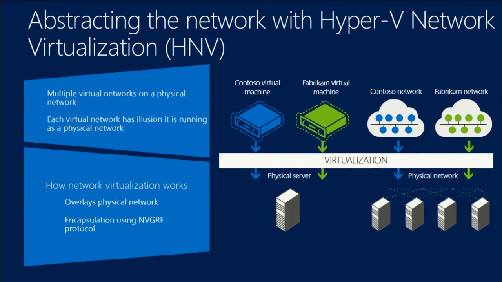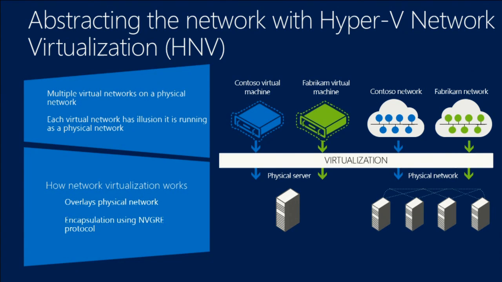For server virtualization, we implement Hyper-V to provide this abstraction layer. How does network virtualization work? How do we implement it? We use something called overlay technology. Basically, we build an overlay on top of the physical network, and we use a pretty traditional, typical method called packet encapsulation.